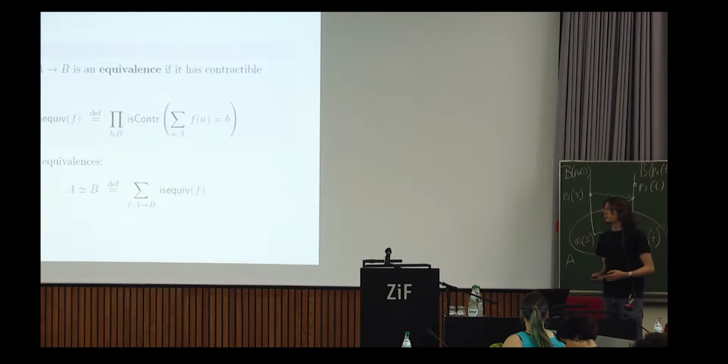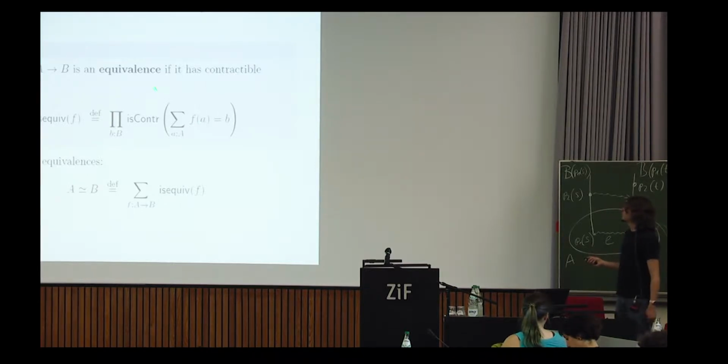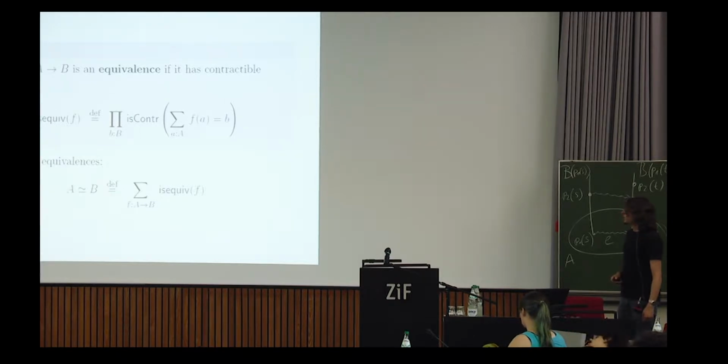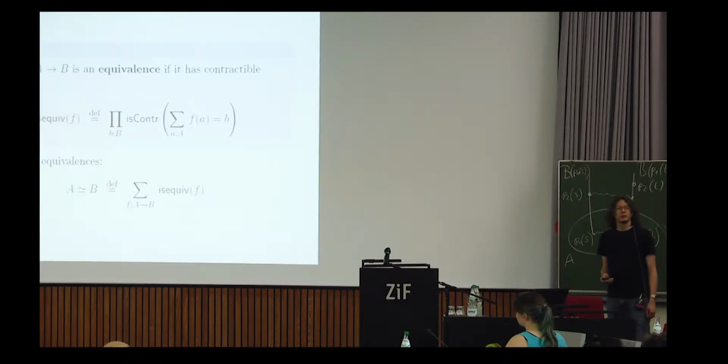Well, one can talk about isomorphism of types if one says that simply F is an isomorphism if there is a map G from B to A, such that they are inverse to each other. But since general types do not form a category, this notion does not really deserve to be called isomorphism.